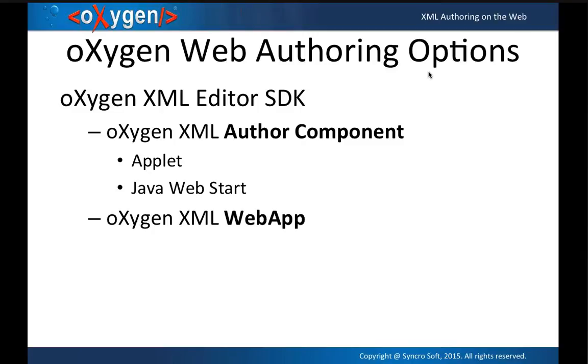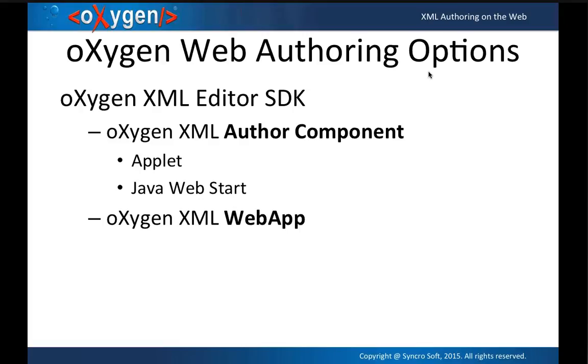So oXygen provides an SDK that allows integrating the XML authoring technology in your own applications. One part of this SDK is the oXygen author component. This is a Java component that you can use in your own Java application. And we provide samples showing how this can be used to build a desktop application or a Java applet.